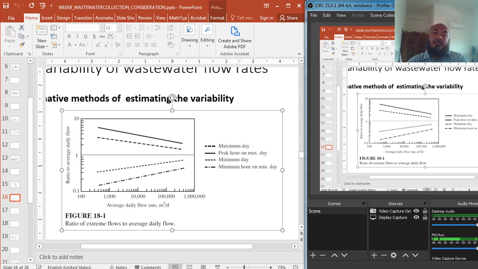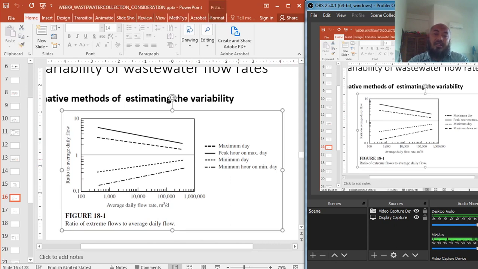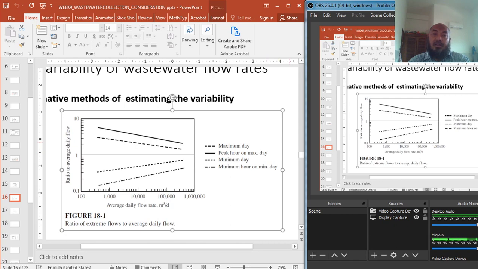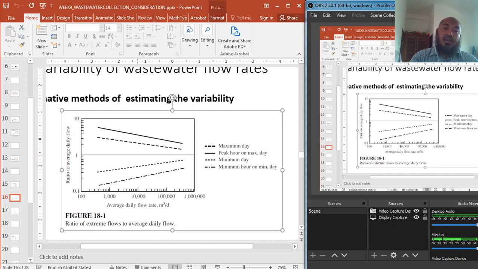So average daily flow we can estimate, and then we can use it with this graph. This graph is pre-built. If the agency, for example the municipality of the town, has this data, we can use it directly. Otherwise, we can use literature reviews, for example, like this.